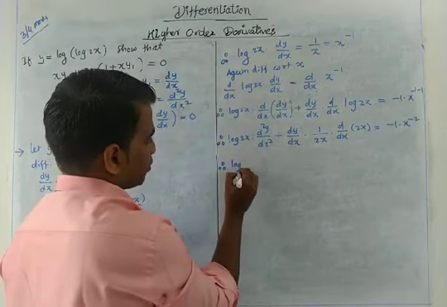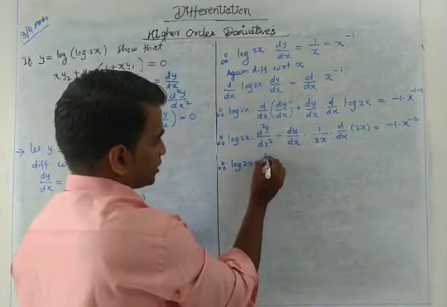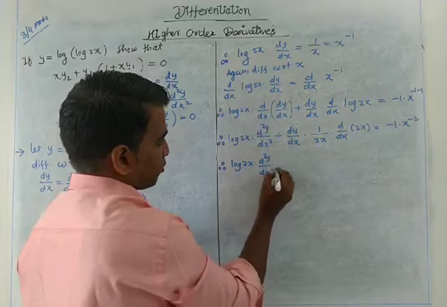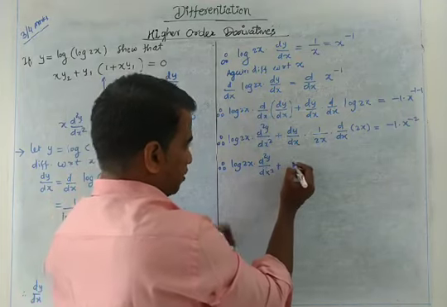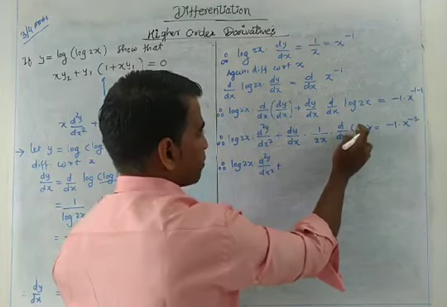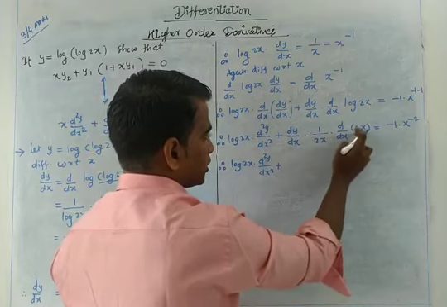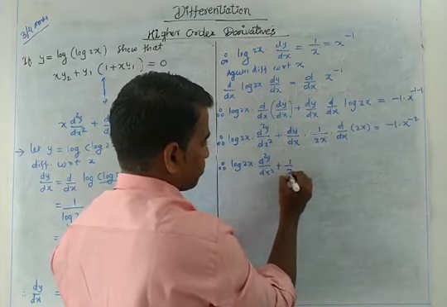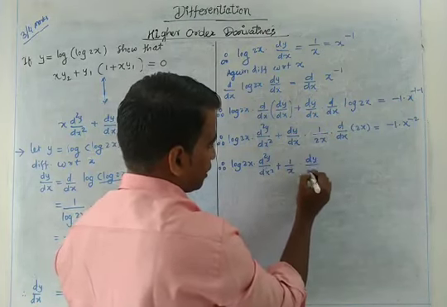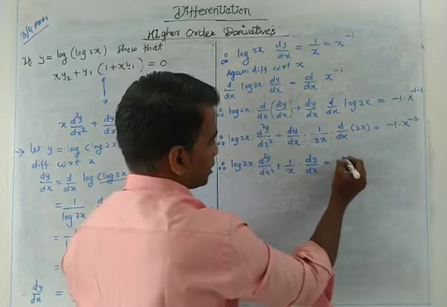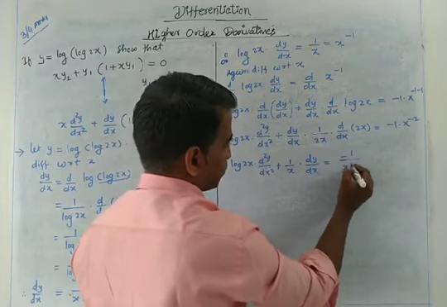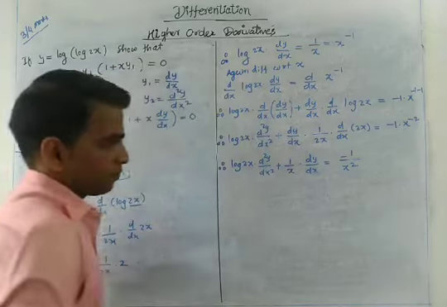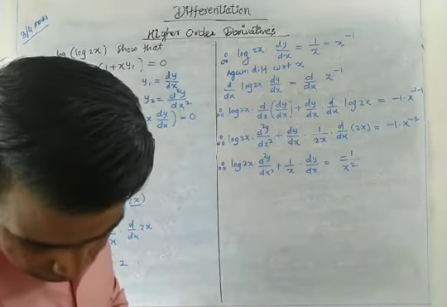Therefore log of 2x d square y upon dx square plus, the derivative of 2x is 2 and this 2 will get cancelled, so 1 upon x dy by dx is equal to minus 1 upon x square.